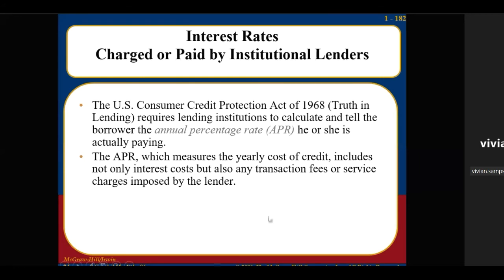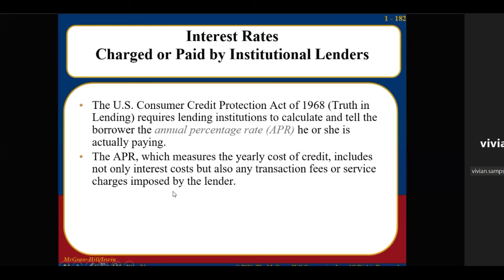Transactional fees go into it, service fees go into it. And now, for the loans that the bank gives out, there is a portion that is the insurance portion. In case the borrower dies, the insurance company will take care of the rest of the loan. All those things go into the calculation of the annual percentage rate.